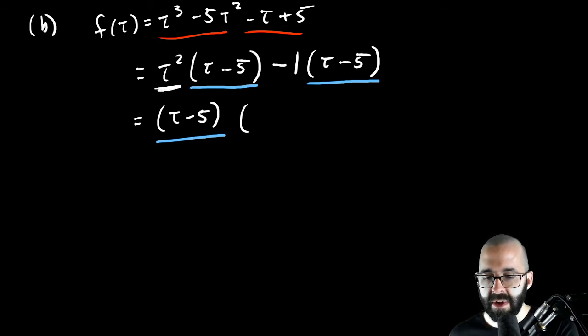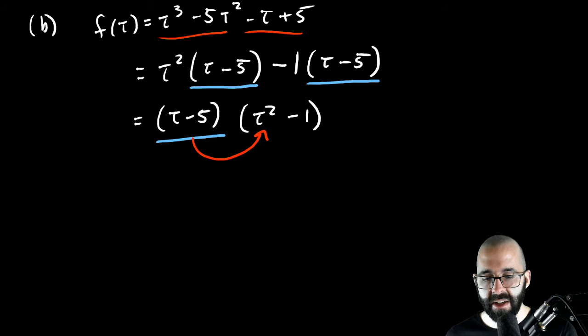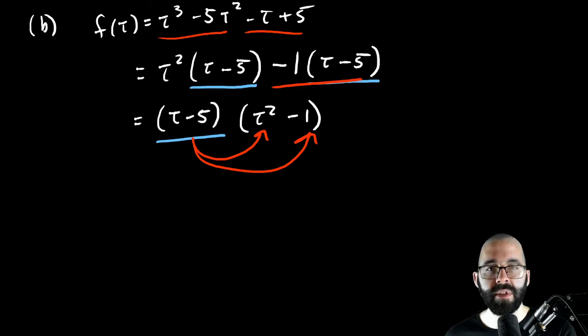Well, we're only left with a t squared here. And we're only left with a minus 1 there. Right? And we could undo this step. Multiply t minus 5 times this, you'll get this. Multiply t minus 5 times this, you'll get this.